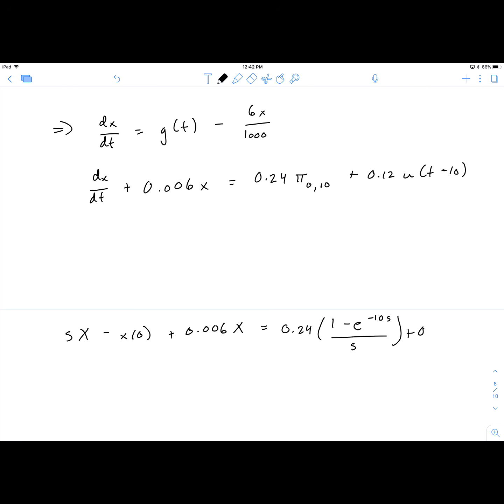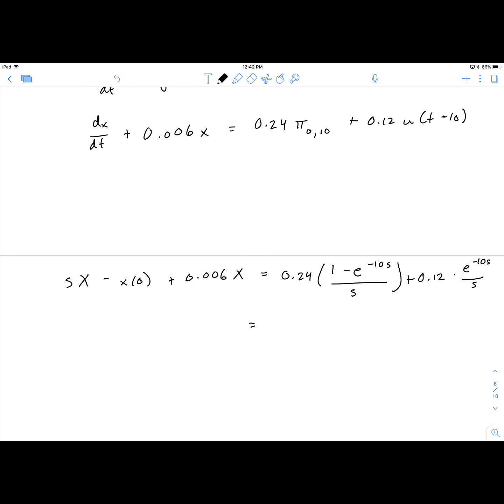And then plus 0.12 times the unit step function, that would be e to the negative 10s over s as well. Now notice we can combine some pieces over here. So this would be 0.24 times 1 over s, and then plus 0.12 minus 0.24 times the rest.